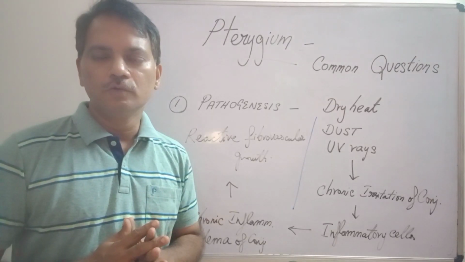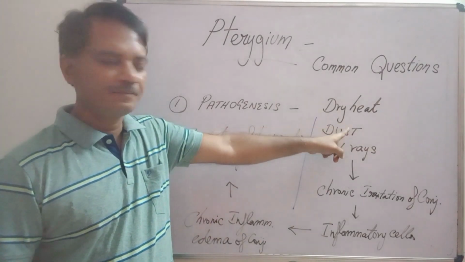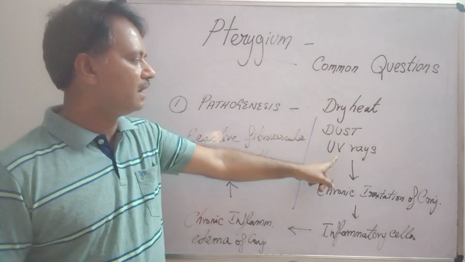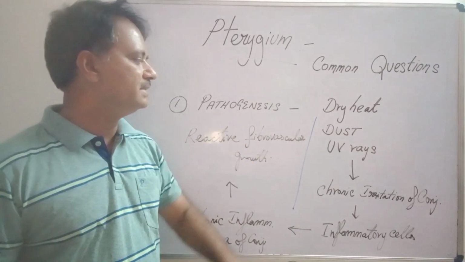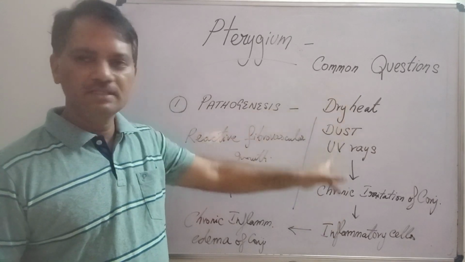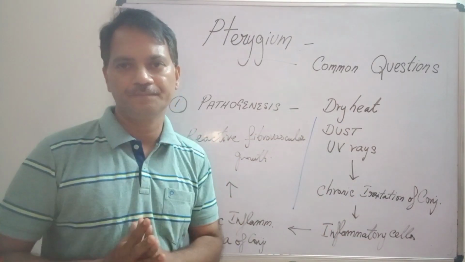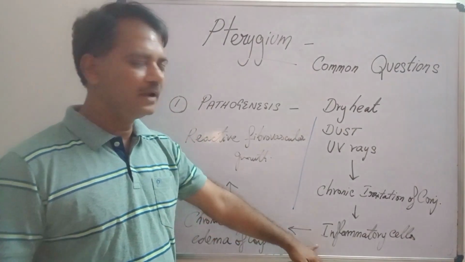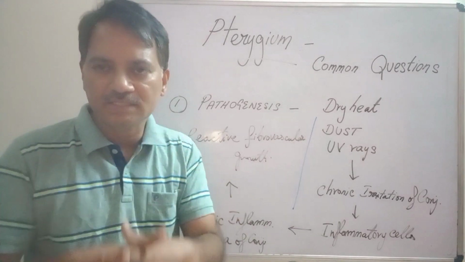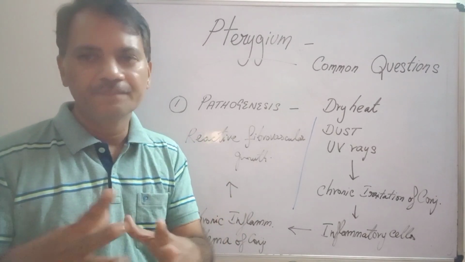Pterygium is due to chronic exposure to dry heat, dust and ultraviolet rays. Chronic exposure of the conjunctiva to these things leads to chronic irritation of the conjunctiva. Chronic irritation leads to accumulation of inflammatory cells in the conjunctiva and its layers.